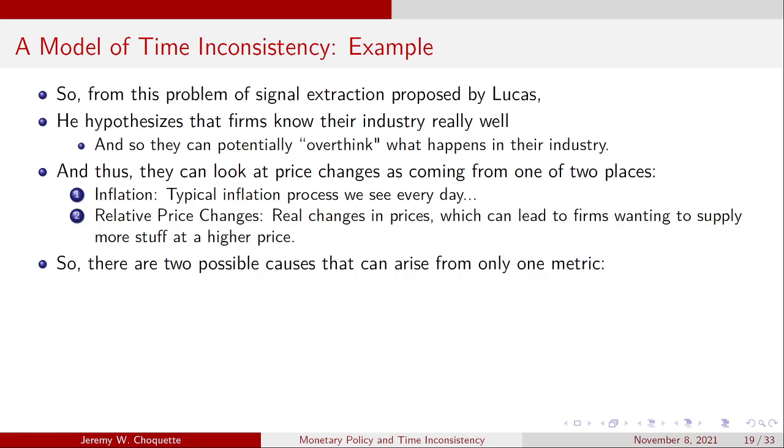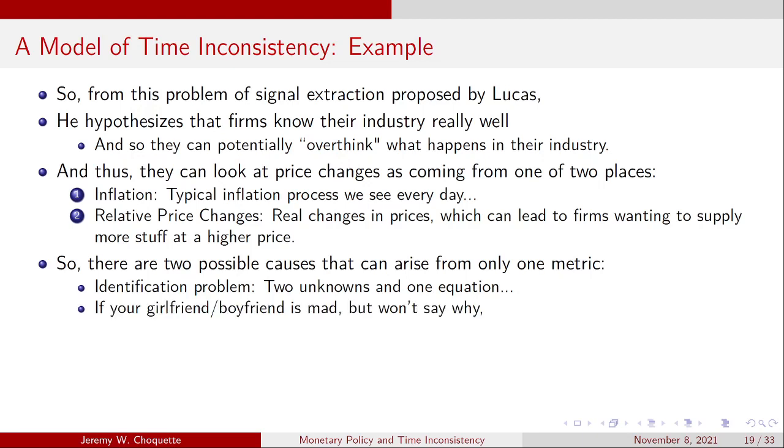If they think it's a real price change when really it's inflation, it can be a little bit of an issue. Hence, there's a difficulty in extracting a viable signal from this process. There are two possible causes that can arise from only one metric. This is like an identification problem. Two unknowns in one equation, right?